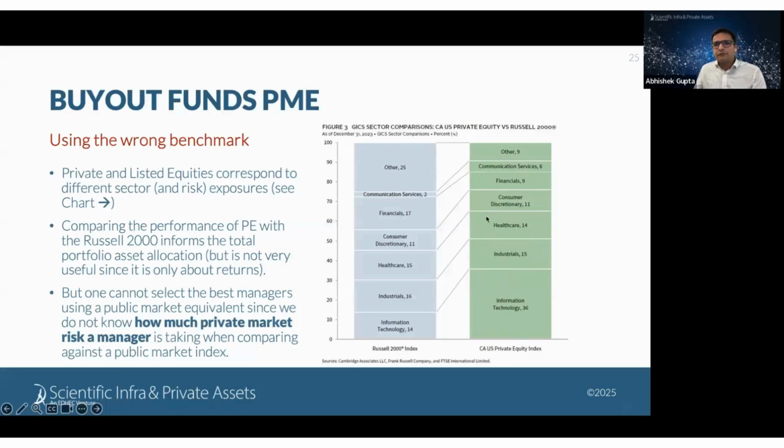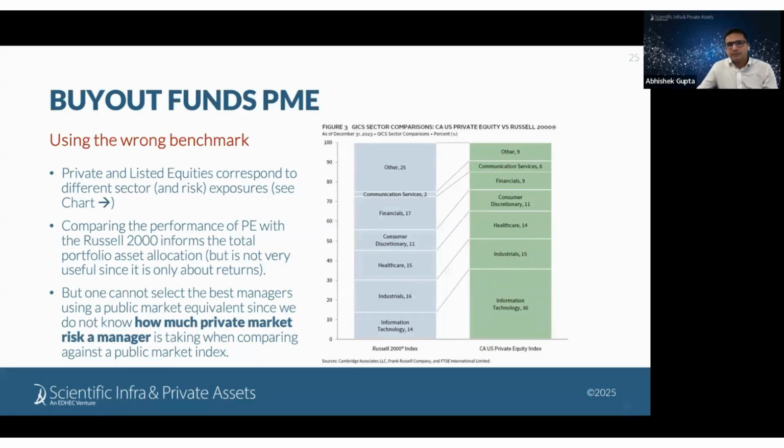And we can see that they are quite different. So that's to say that the private market has different sector and risk exposures as compared to public markets. They are not the same. So when we are calculating alpha, we have to be very careful here. The public market index is not capturing the market risk of private equities. So that's not really the alpha that we saw in the previous slide.